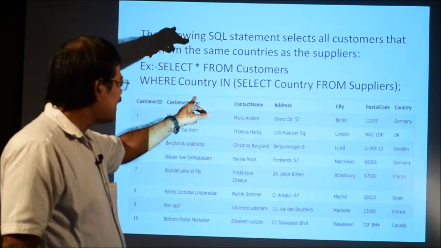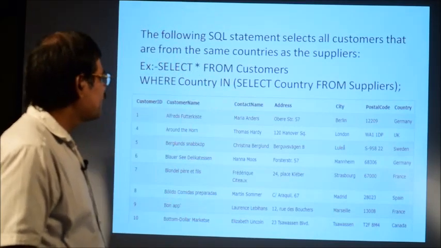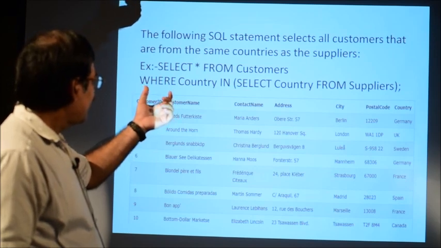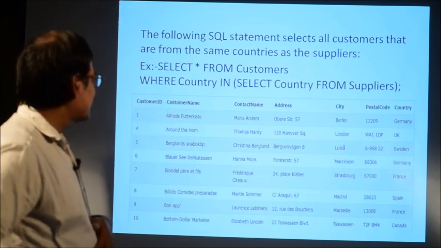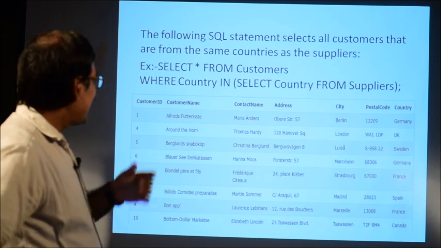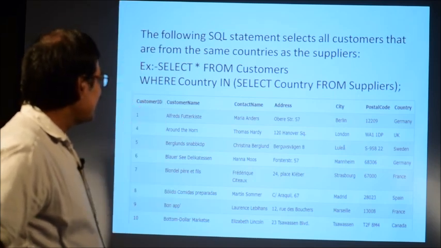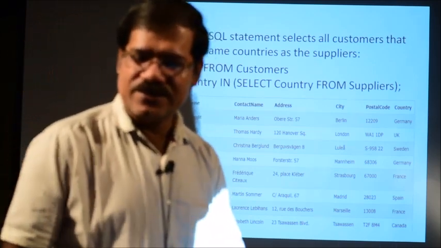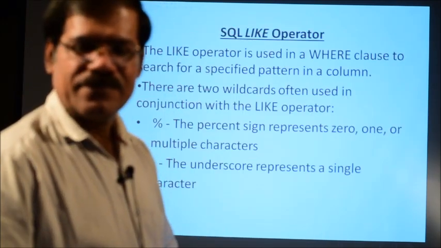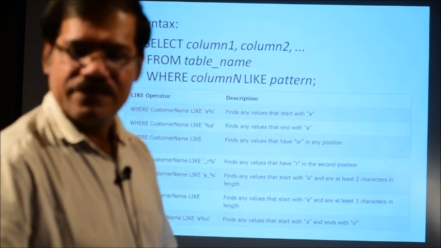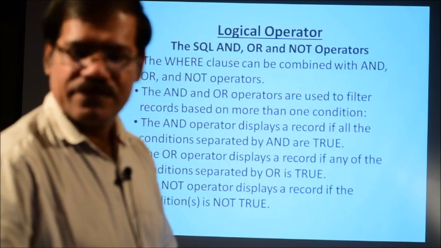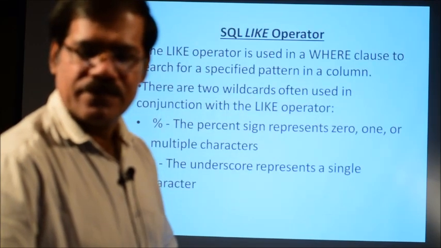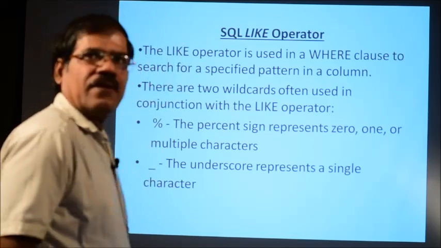First the country will be selected from the supplier table, then those countries will be the multiple values for the IN clause. Then according to those countries the customer records will be selected by using the IN clause.